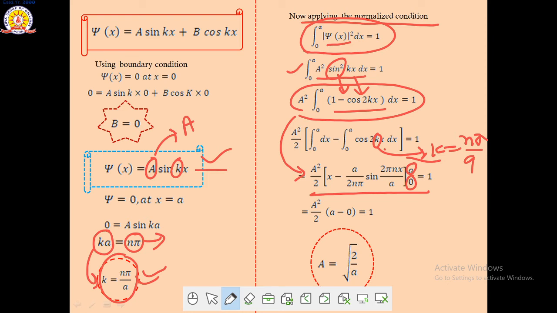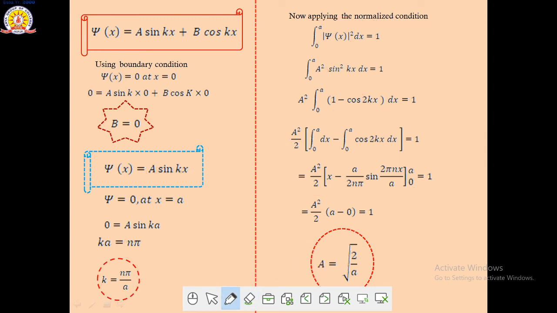At the lower limit, if you put x is equal to 0, then sine 0 will be 0. So at the lower limit, that value will be 0, and at the upper limit, if you put x is equal to a, then the a will cancel out, and you get sine 2 n pi. So sine 2 n pi also will be 0. So for the lower limit and upper limit, that part will always be 0. So if you solve that equation, what do you get?